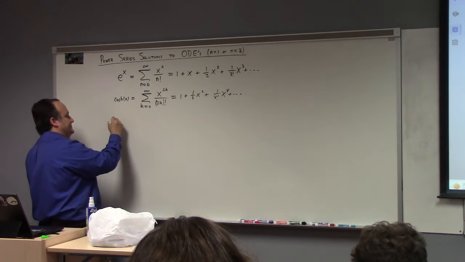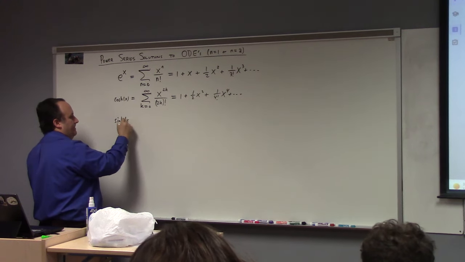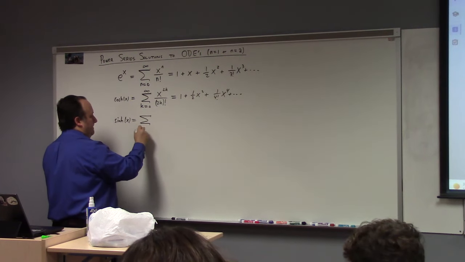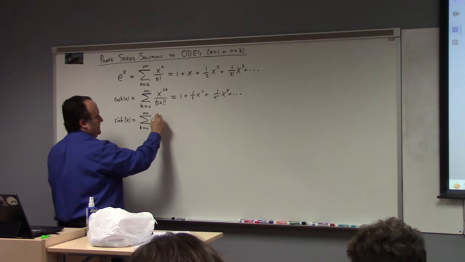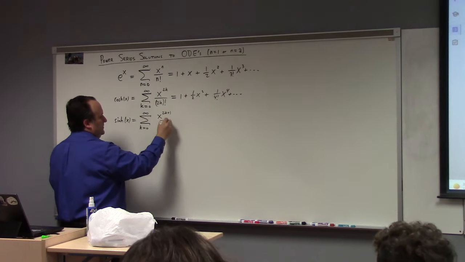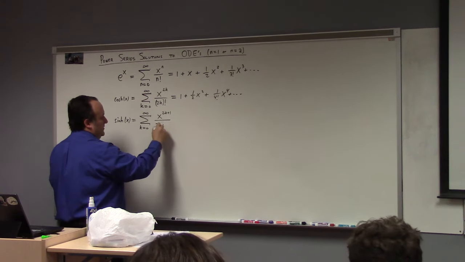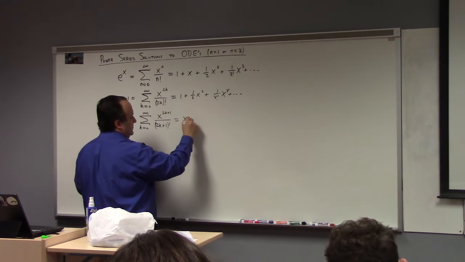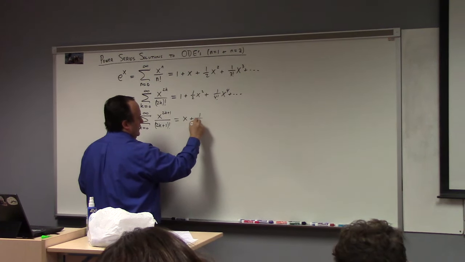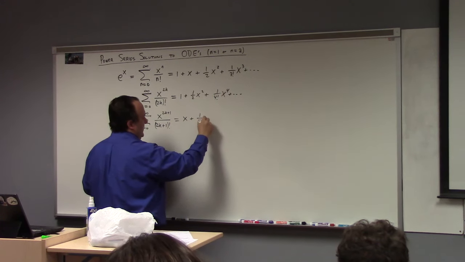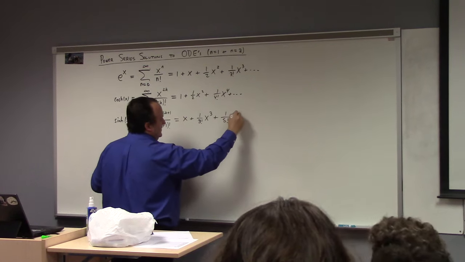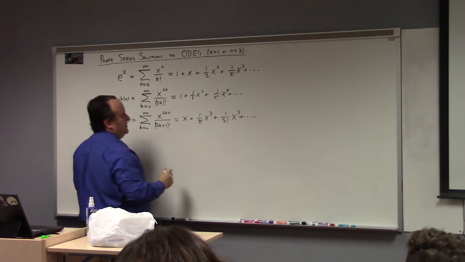Sinh, on the other hand, is x to the 2k plus 1 divided by 2k plus 1 factorial, which goes like x plus 1/6. Well, I'll put a 3 factorial here for emphasis of pattern. x to the 3rd plus 1/5 factorial, which is 120, x to the 5th plus dot dot dot, right?